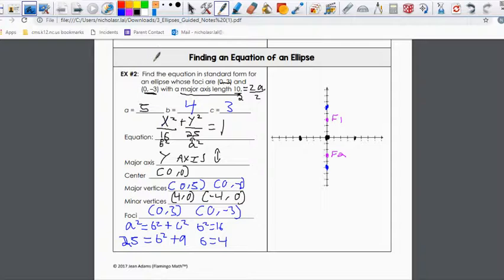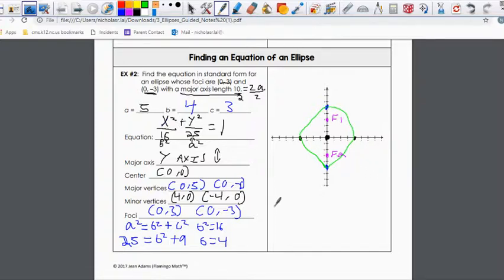All right, and now that we've drawn our vertices, we have our vertical ellipse. So I'm not good at drawing here, but that's the ellipse.